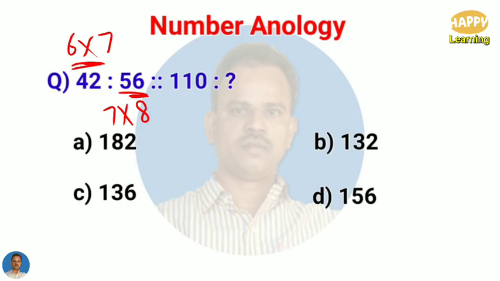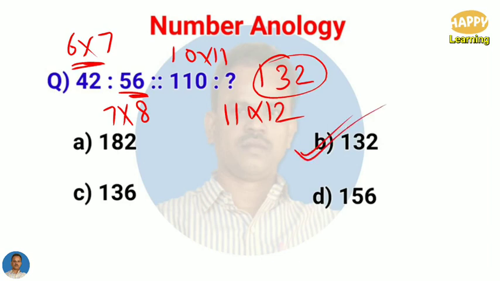Similarly, 10 11s are 110, and 11 12s are 132. 132 is the answer. Option B is the answer. Okay, 6 7, 7 8, 10 11, 11 12, like that 132 is the answer. Okay, right.